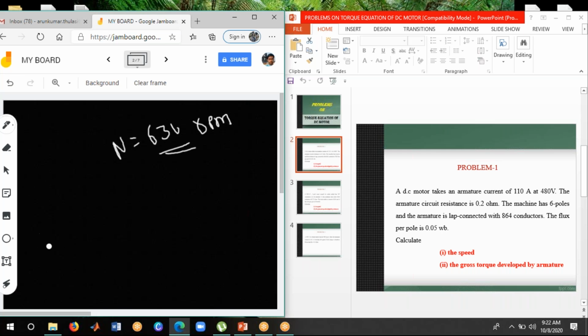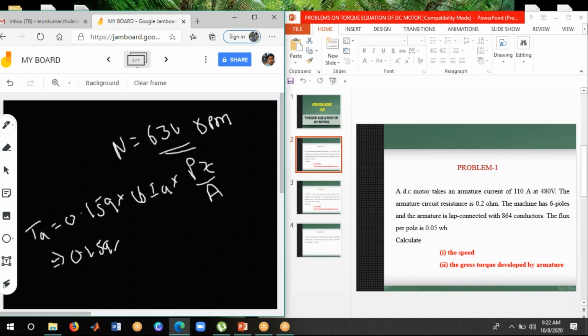Now we want to find the armature torque. TA is equal to 0.159 into phi into IA into PZ by A. Then find the value of armature torque. Here 0.159, and phi value is 0.05.